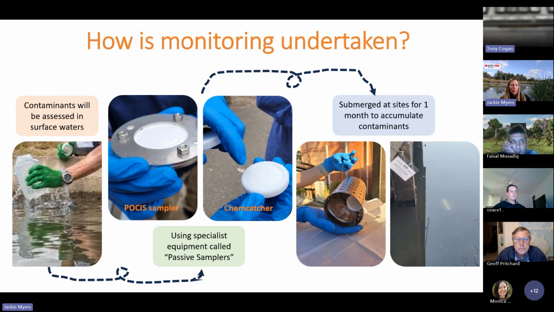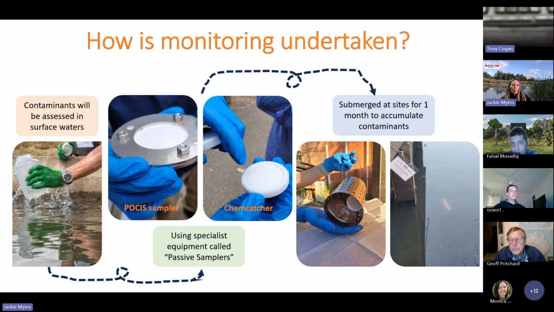Now, the method contrasts with taking a grab sample, which just involves going at a point in time and taking a water sample. Because the samplers are out over a long period, they can capture events that might come down, which if you take a single sample at one point in time, you might miss.